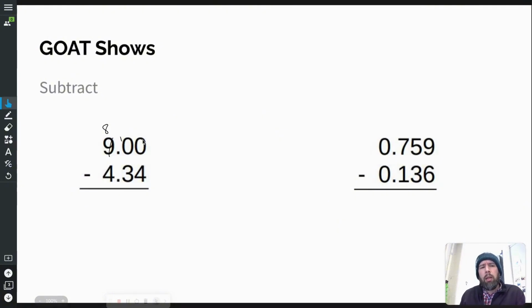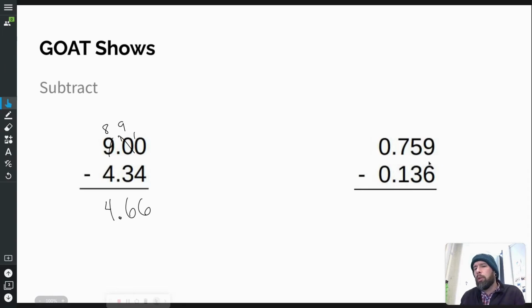So borrowing from you makes you a 10 and makes you a 9. Gross. So 10 minus 4 is 6. 9 minus 3 is 6. 8 minus 4 is 4. Drop down the decimal. 4 and 66 hundredths.